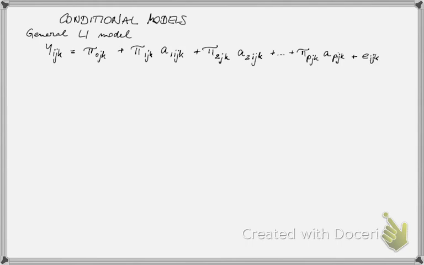So you see consistently everything gets a jk, the predictors get an ijk, while the pi's that are associated get a 1, 2, 3, and so forth.